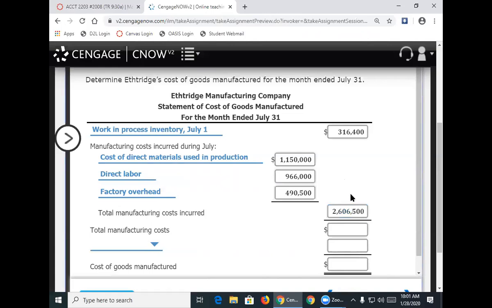So we just added up our production costs for July. And so for total manufacturing costs, I'm just adding my beginning balance plus that, which we already did over here. Again, just did it in a different order, different way. So my total manufacturing cost should be what? 2,922,900.